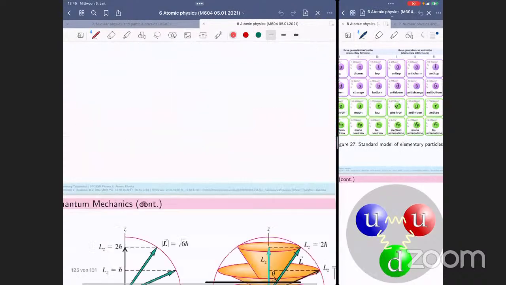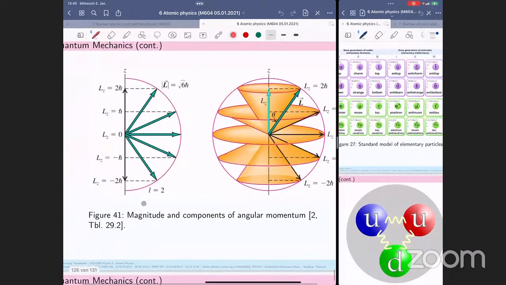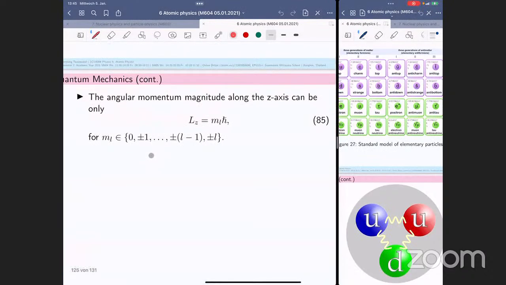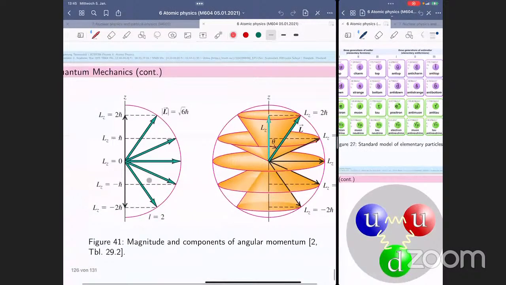Max Planck constant. And here you can see the magnitude of the angular momentum along the z-axis in different ways. This is the positive z.